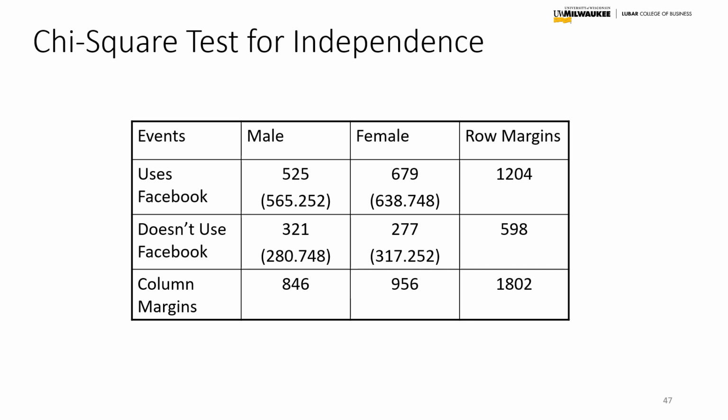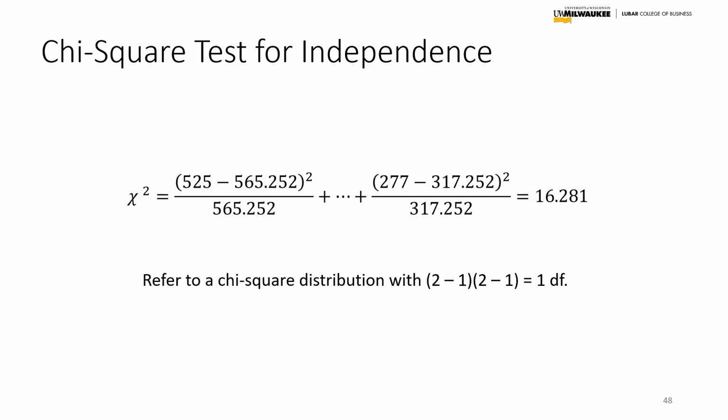Indeed, here are the observed and expected values for each of the 4 cells. It's a good idea to confirm the values yourself. We're going to compare these values in one statistic called the chi-square statistic. Here we find the calculation of the test statistic.